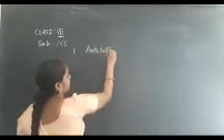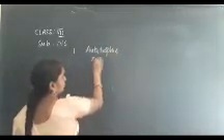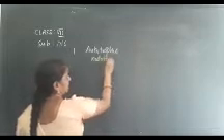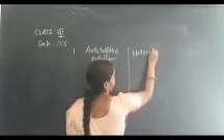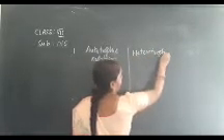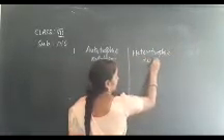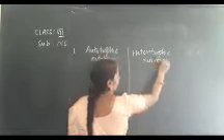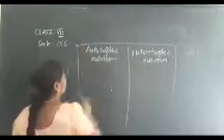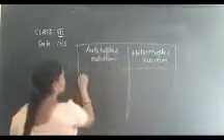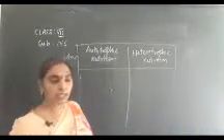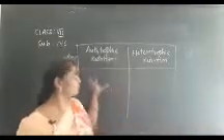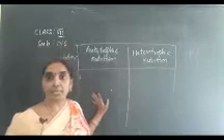You have to write autotrophic nutrition and heterotrophic nutrition like this and then move to answer the question. The mode of nutrition in which the organisms prepare their own food.